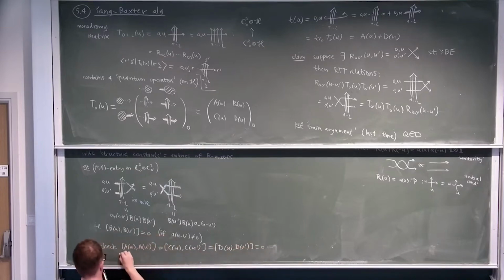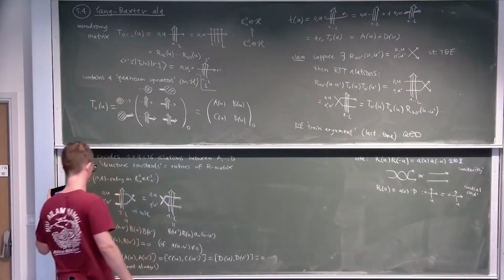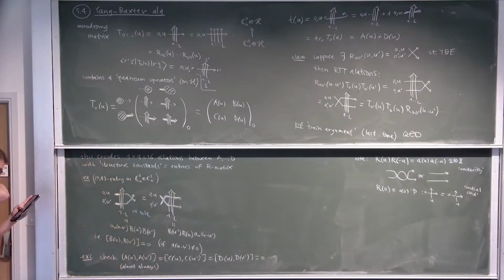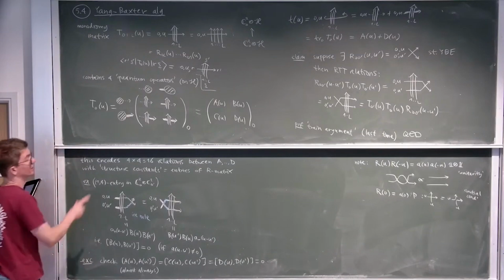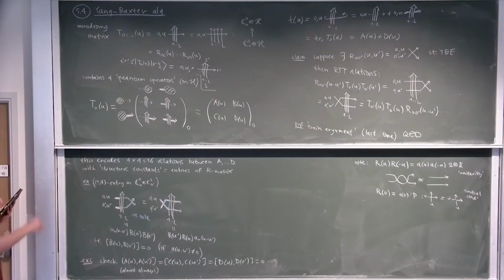Let's say almost everywhere, almost always. Okay, so we have these four operators, and if I just take one of them, then I still have a one-parameter family of operators, and this is a commuting family of operators, a bit like our transfer matrix was.